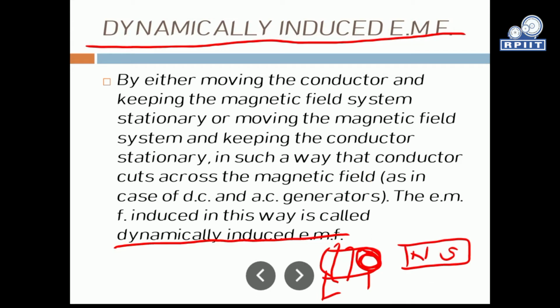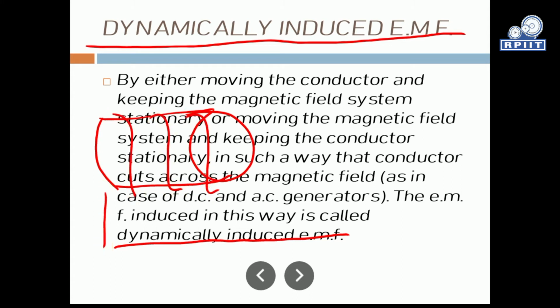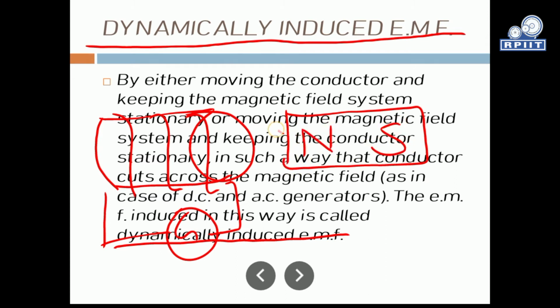For example, this is the coil with a number of turns, and the galvanometer is connected here, and this is the magnet, north and south pole, and these are the magnetic lines of force.